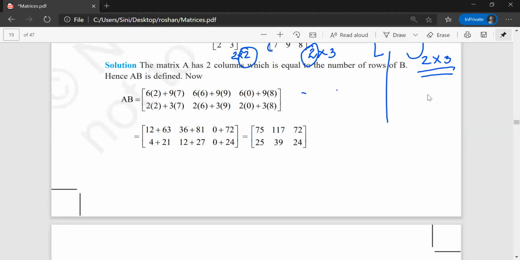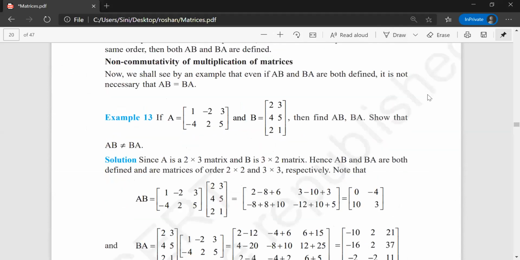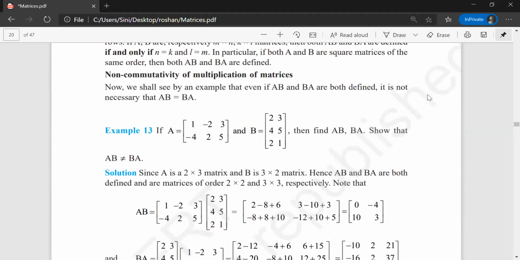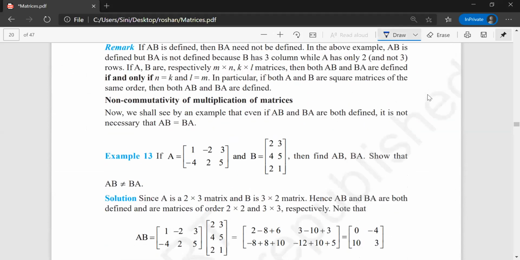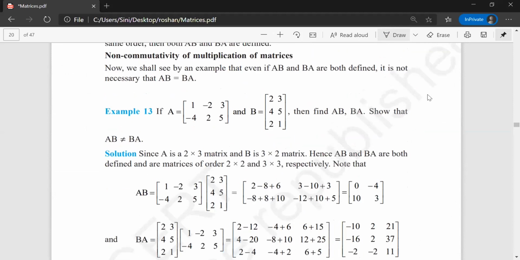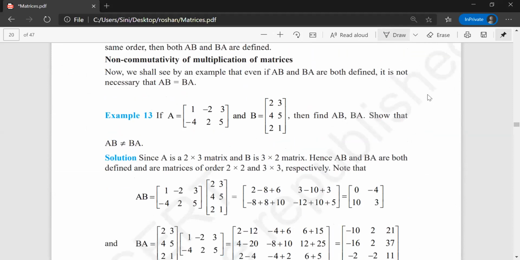So let's see one more question, which is going to come for the exam. Let's see the same type. Let's take this problem. This problem, I'm going to write it here. So this is, how many rows are there? 2 rows.